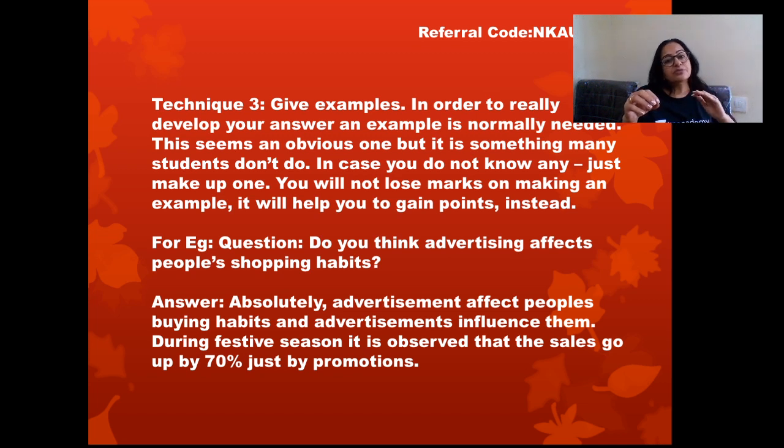The examiner also knows that you know the topic and are able to answer the questions, but you are weak in that section. He might give you lesser bands in grammar, but at least he'll be able to give you good marks in fluency and the other parameters, because you are able to express yourself in a better way and extend the answers.